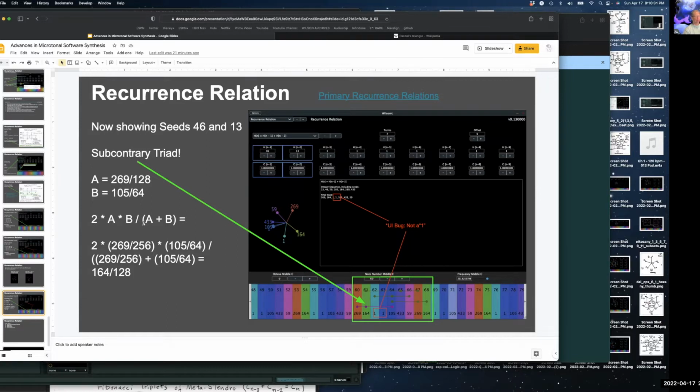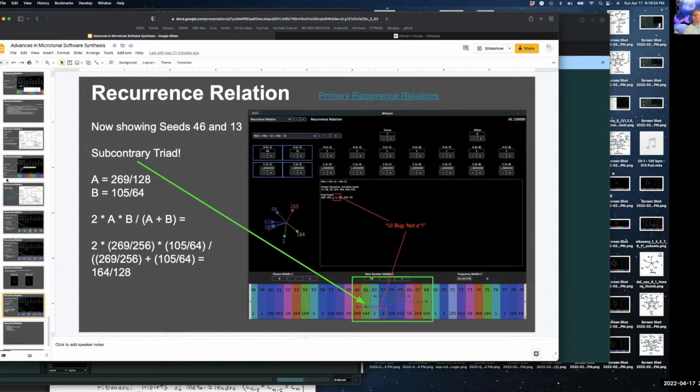If you have an A, that's a root, and a B that's functionally like a fifth. Doesn't matter if it's a fifth. The note in between them, that's a sub-contrary triad, would be 2 times A times B all over the quantity A plus B. And if you want a proportional triad, then that would be A plus B over 2.